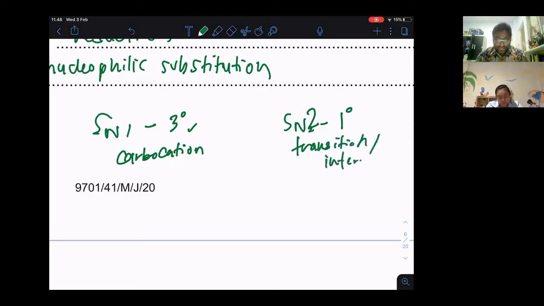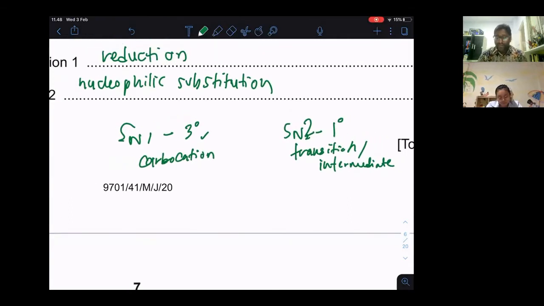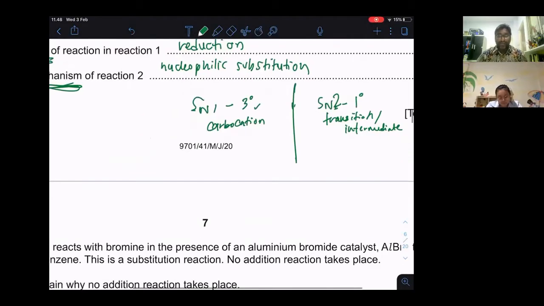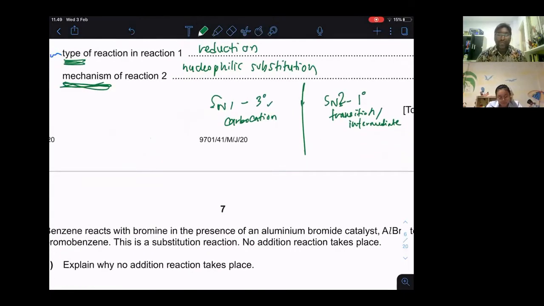Then you can use this information to draw the mechanism of the reaction. This is roughly how you differentiate SN1 and SN2. As for how to draw using curly arrow diagrams, I have done another video on this. Please go and have a look on YouTube, uploaded under SN1 and SN2.